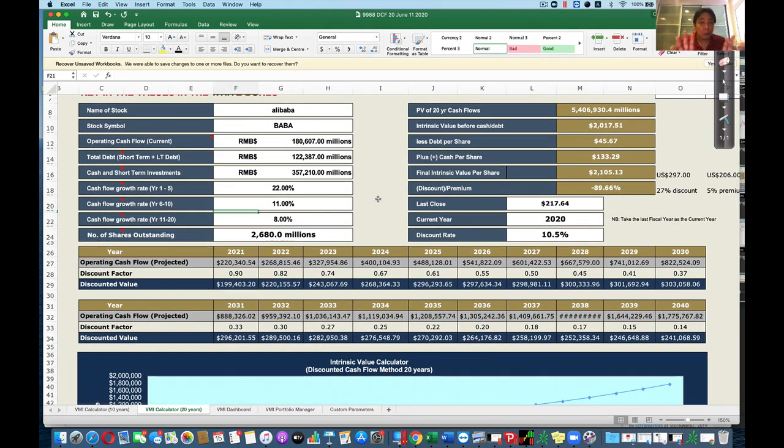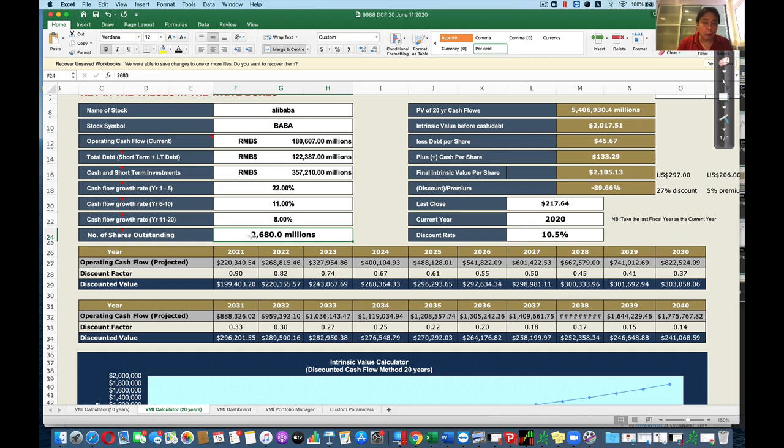The only thing we need to change is the number of shares, because everything else remains the same. But now, instead of taking the US share, we're taking the Hong Kong share. Remember, one US share is equivalent to 8 Hong Kong shares. So you have to take 2680 times 8.